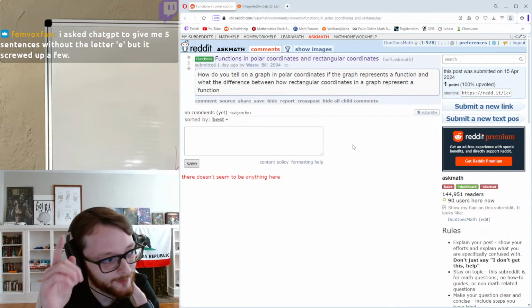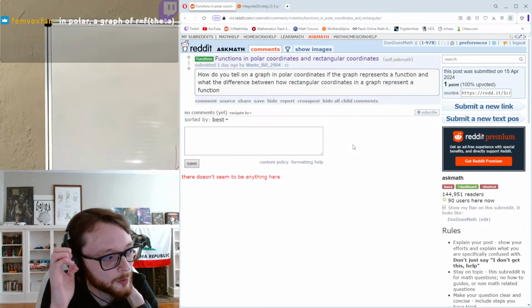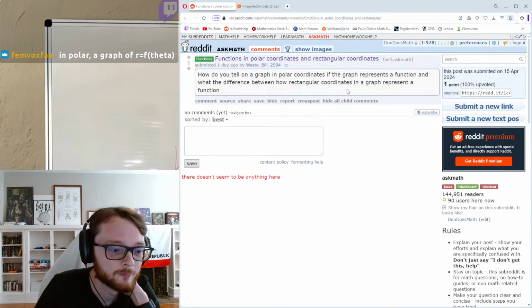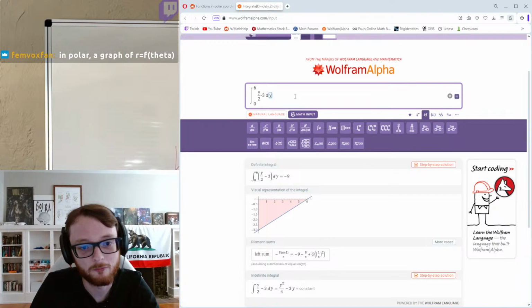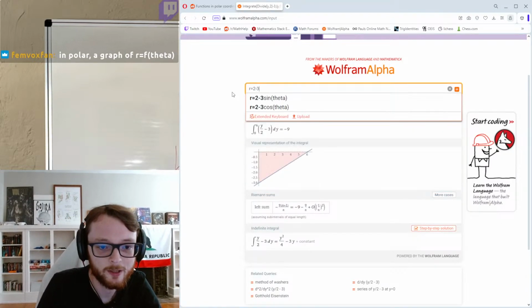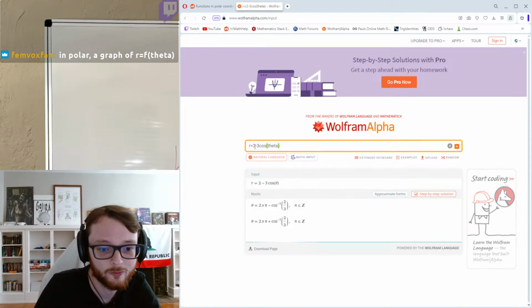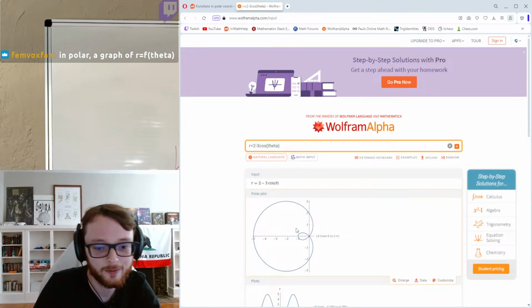I'm thinking of the types of polar curves that are almost like a heart, but they have a little loop in them. I mean, maybe those aren't functions, but we graph them anyway. It's like r equals 2 minus 3 cosine theta, maybe? Or maybe I need to make it 4 minus 3 cosine theta. Oh yeah, like this.